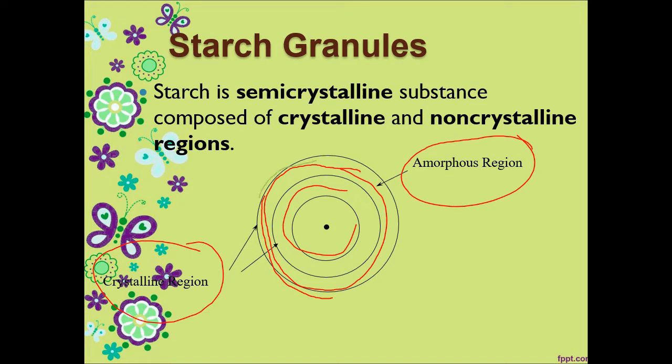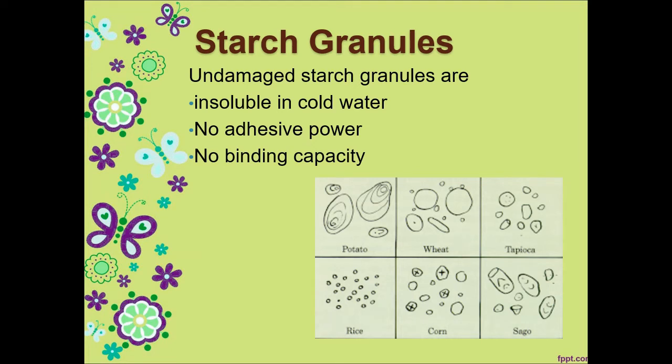We use a different color; the lines only have this portion here, so this one is smaller in content compared to the amorphous region, the spaces between the lines. So undamaged starch granules have these characteristics: first, they are insoluble in cold water; secondly, no adhesive power; and thirdly, no binding capacity.